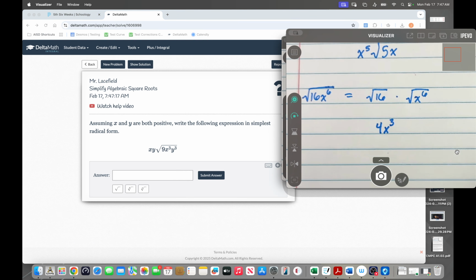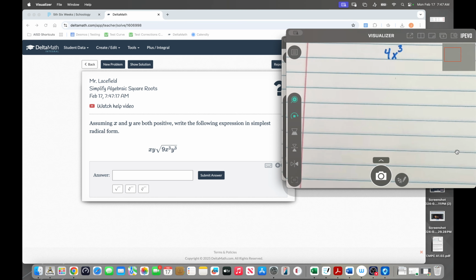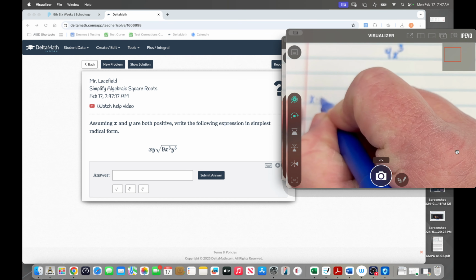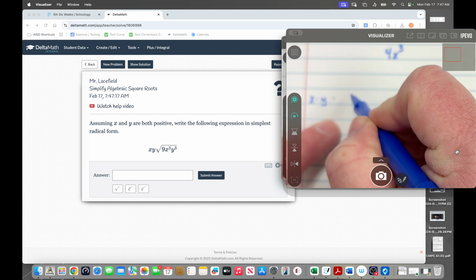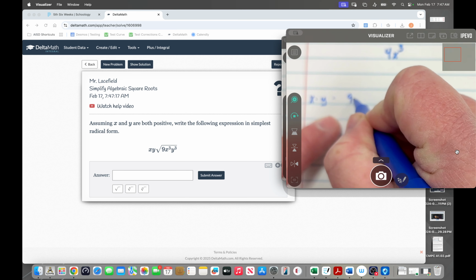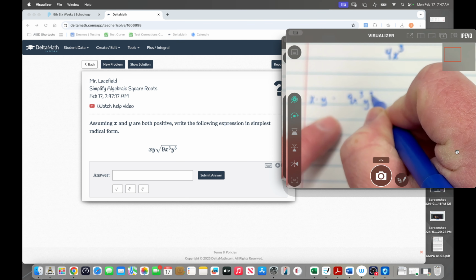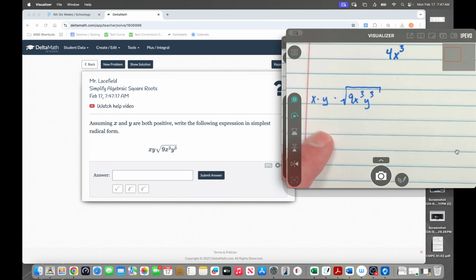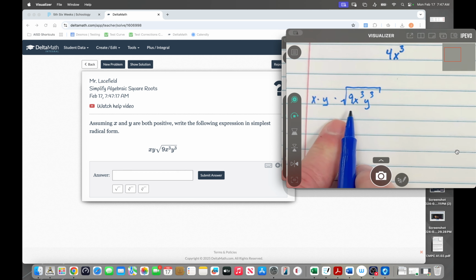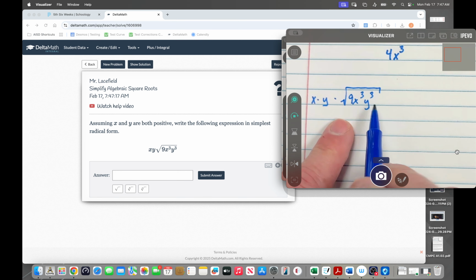Okay, now what do you do when you have algebraic problems that look like this? Well, we have x times y times square root of 9x to the 3rd y to the 3rd. Okay, we're going to split it up as before. We're just going to focus on splitting up this part.